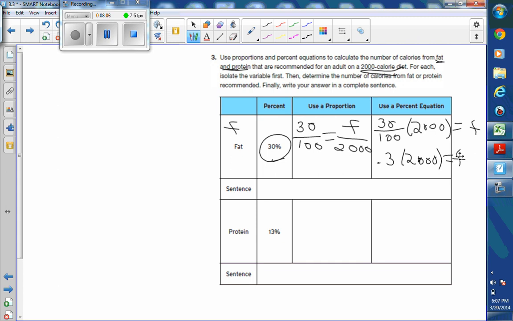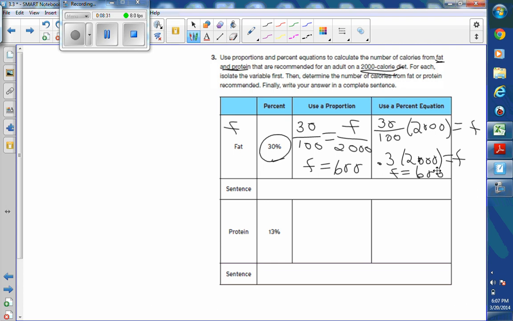And they all come out to the same thing, that F equals 600. If you multiply 2,000 by 0.3, you should get F equals 600. And again, I didn't show you the cross multiplying and dividing because that is from previous lessons. Hopefully you remember that from previous lessons.